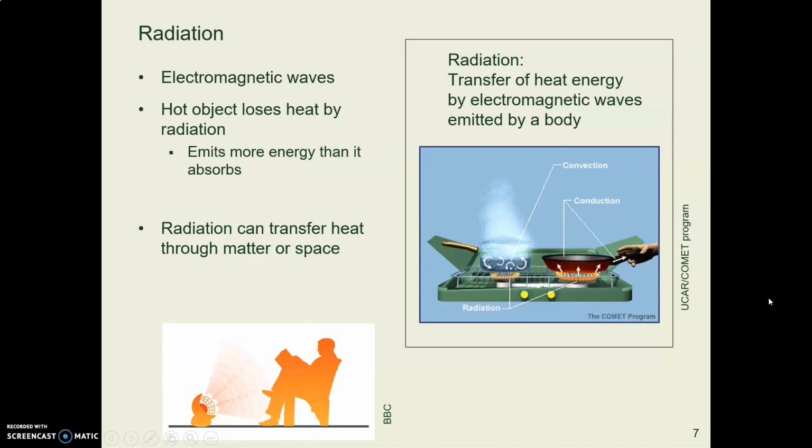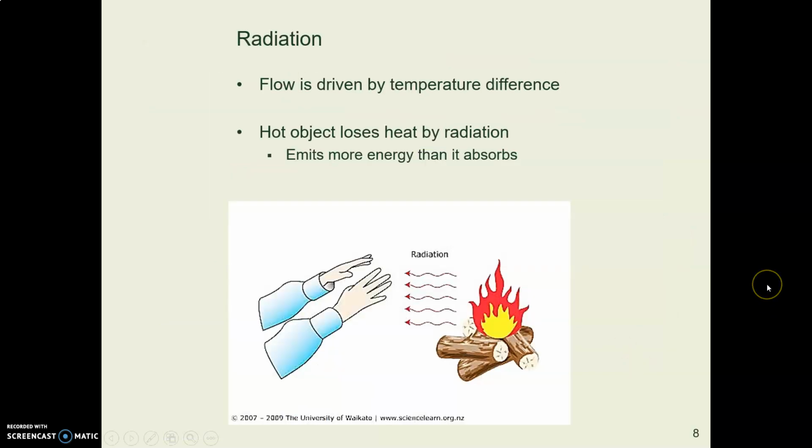When you sit in front of a space heater, you are not touching that space heater, so it's not conduction, and the air's not really moving, so it's not convection. What is it? It's radiation. Electromagnetic waves are being given off by that heater, and they're reaching you. And if you are colder than the thing that's radiating, you will warm up.